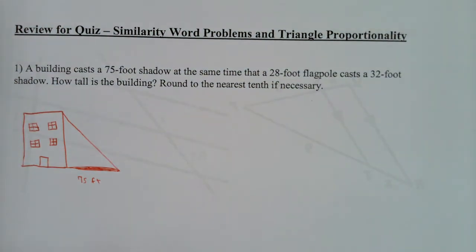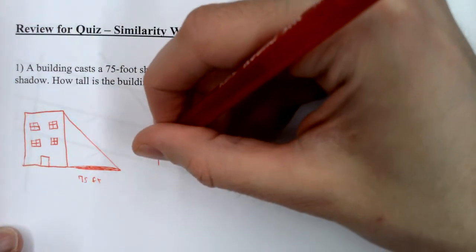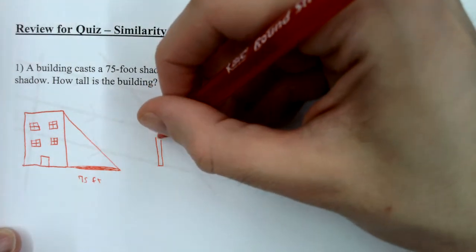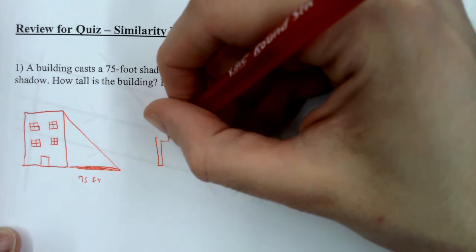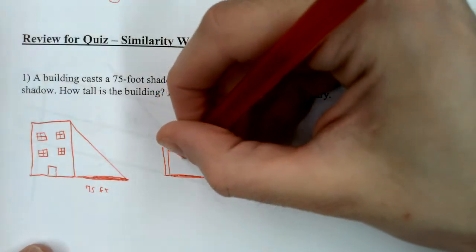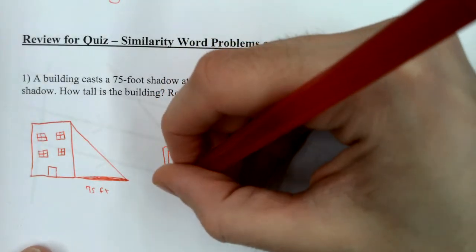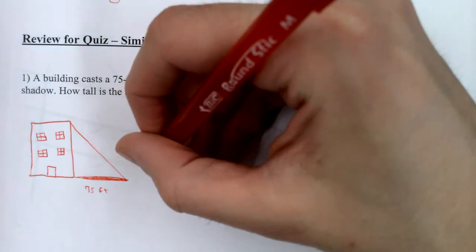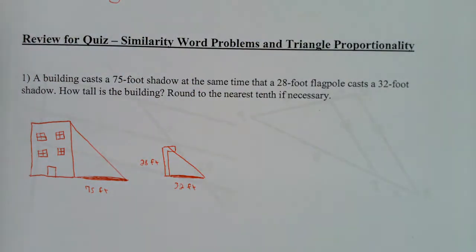And then we have a flagpole, and that casts a 32-foot shadow. Drawings are not drawn to scale, of course. And we know the flagpole is 28 feet tall. The question is how tall is the building?